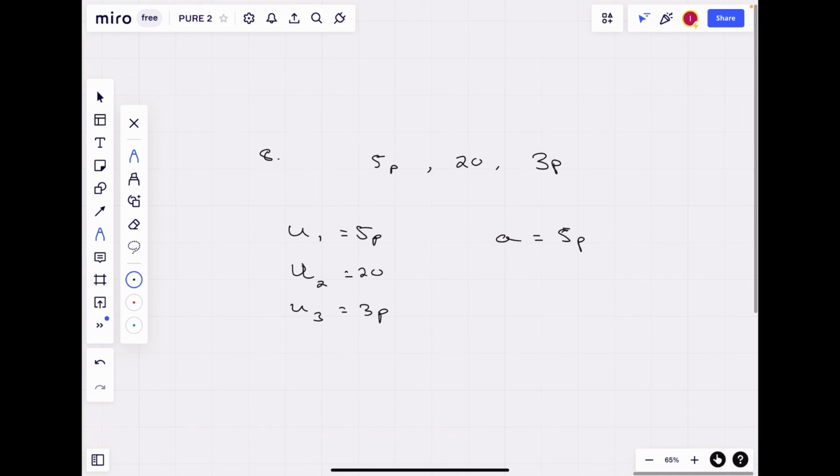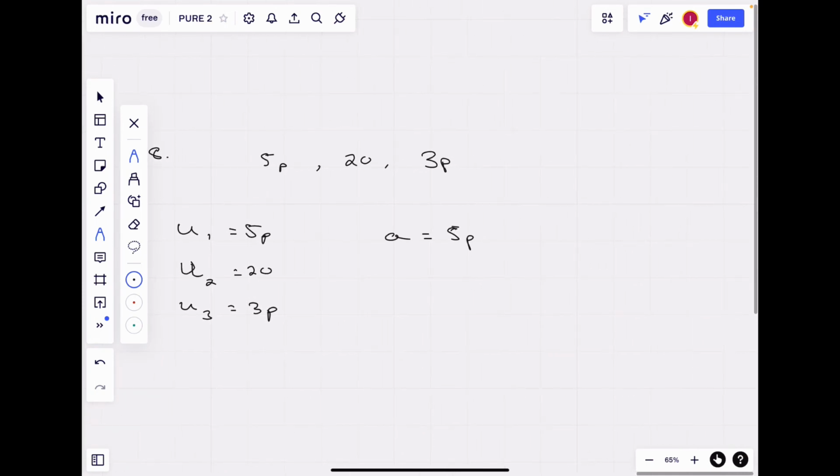So if I try and represent u2, I would do 5p plus (2 minus 1), which is 1, and then d equals 20.